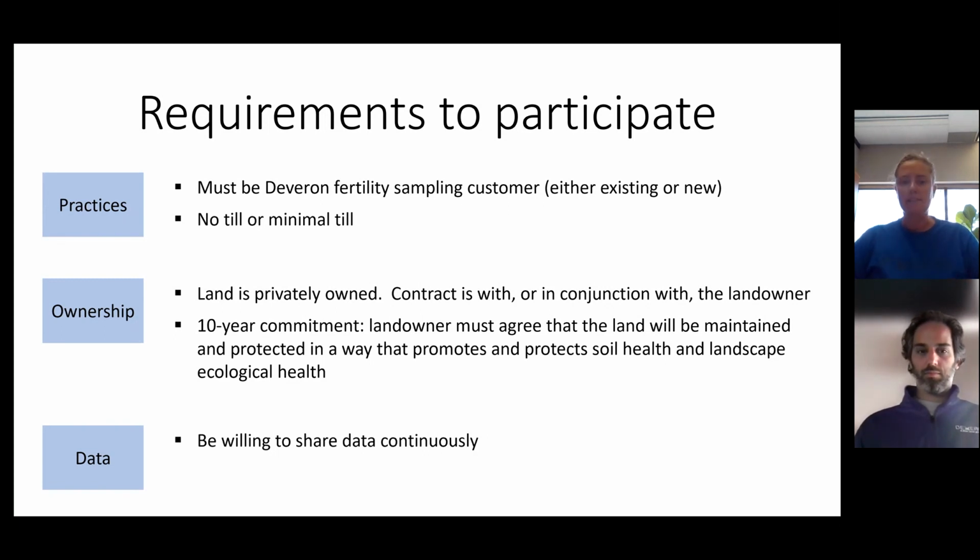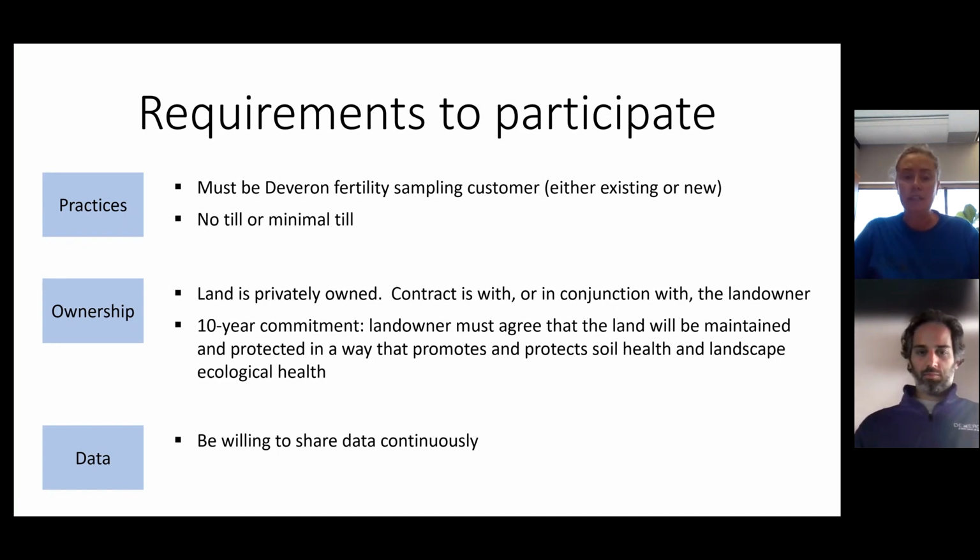The second practice is no-till or minimal till. We said we're not going to dictate what practices you can do or need to do. However, there are certain things that are required by some standards regulators. For example, you cannot burn residue. If you do something like that, you'll be kicked out of the program.